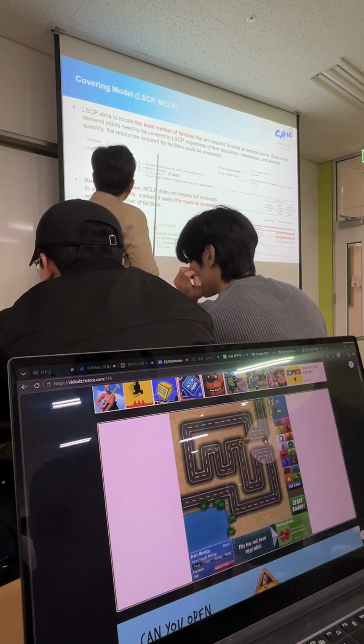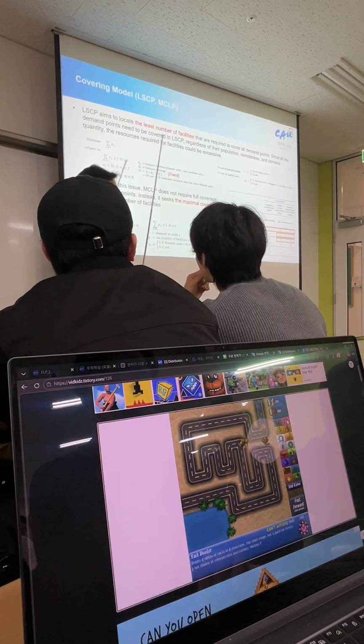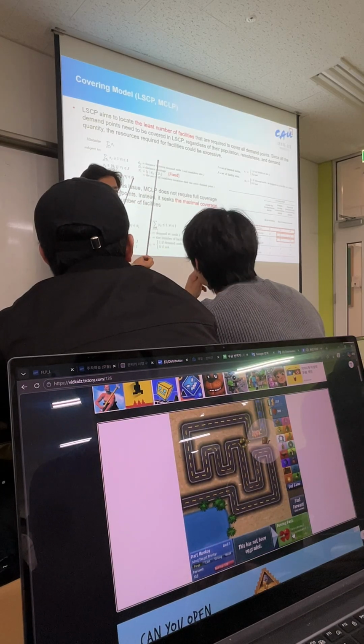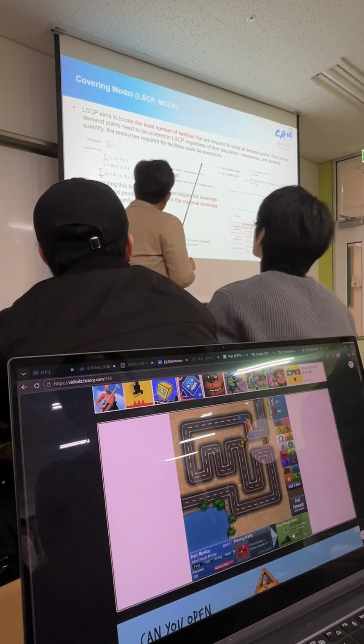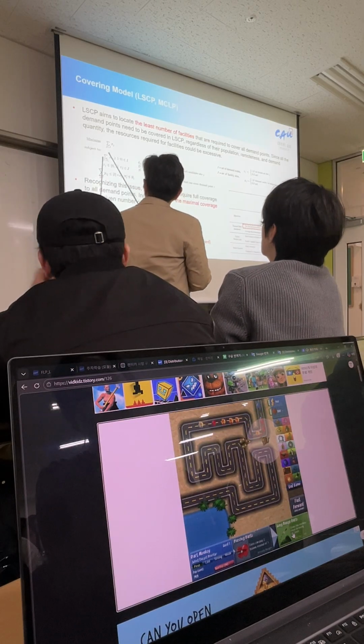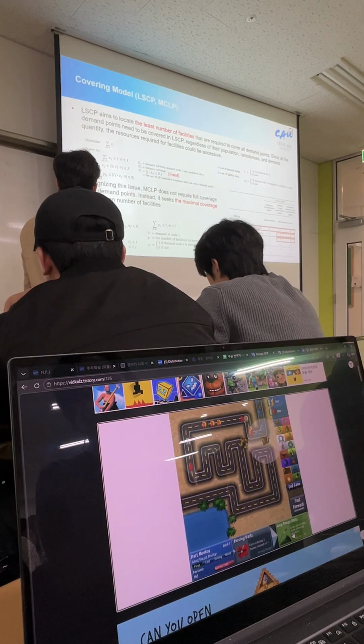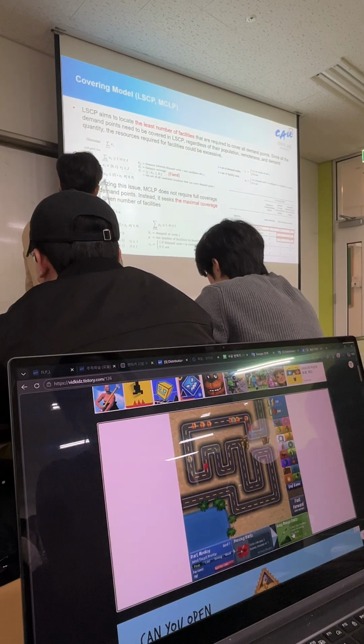So, first thing is the LSCP in a covering model. That means reducing the number of the facility center. So that the problem can be transformed as a mathematical form here.